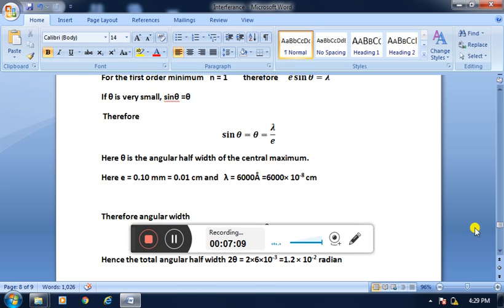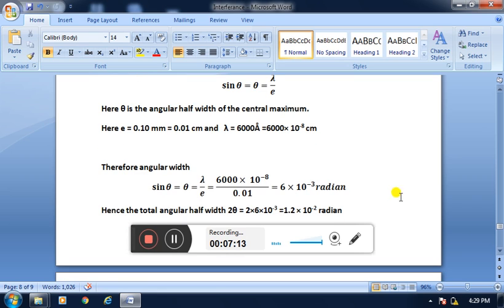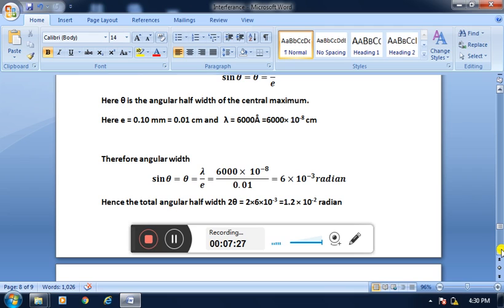Let us now calculate the angular width. Angular width means theta is equal to lambda by e. Lambda is 6000 angstrom and e is 0.1 millimeter. Here we get 6 into 10 power minus 3 radian as the angular width theta. Total angular width 2 theta becomes 2 multiplied by 6 into 10 power minus 3, which is 1.2 into 10 power minus 2 radian.